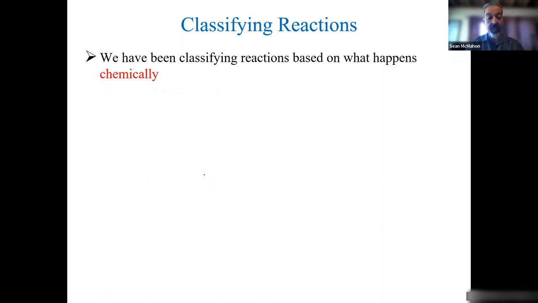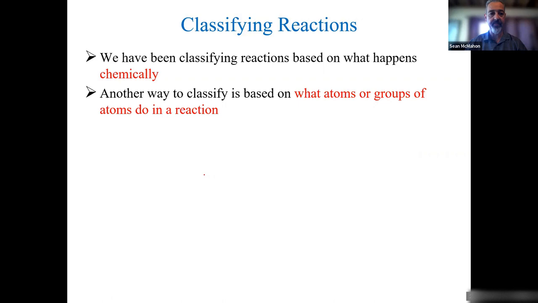So now that we know how to balance, and I'll continue balancing. We're by no means done balancing. This whole lecture will have balancing in it. But we also want to be able to classify reactions and be like, okay, this is the type of reaction this is. Because down the line, we'll have to be able to predict products. You'll just be given reactants, and you'll have to predict products.